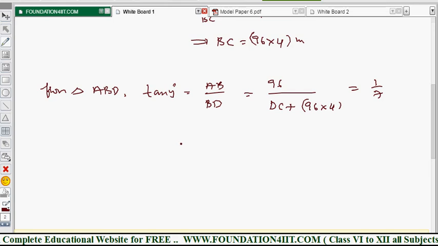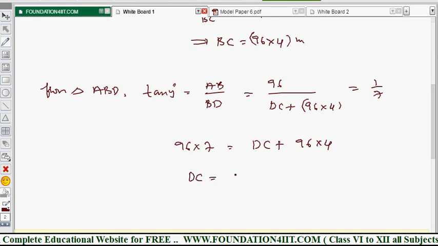Then based on this, by cross multiplication, 96 into 7 is equal to DC plus 96 into 4.